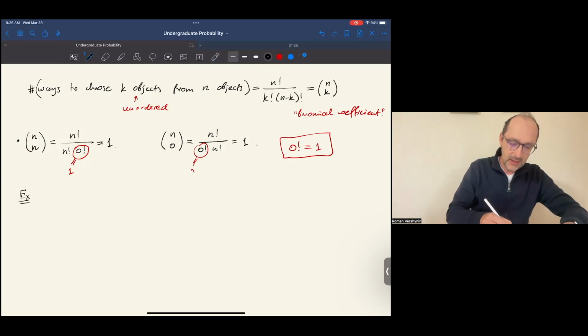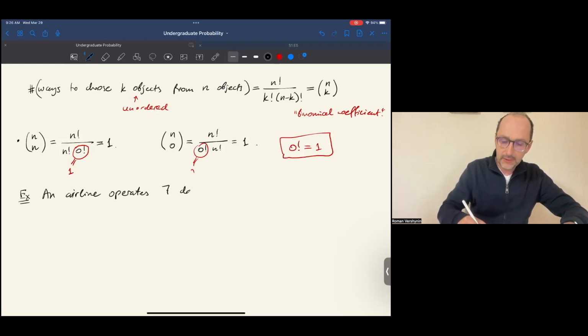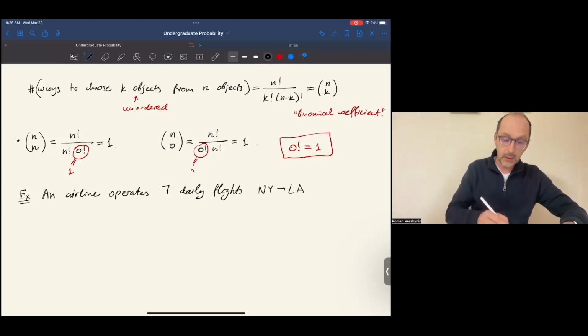Example: an airline operates 7 daily flights from, let's say, New York City to Los Angeles. Each flight can be late or on time.